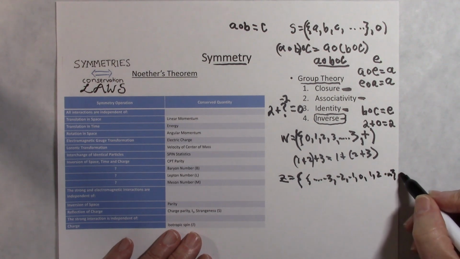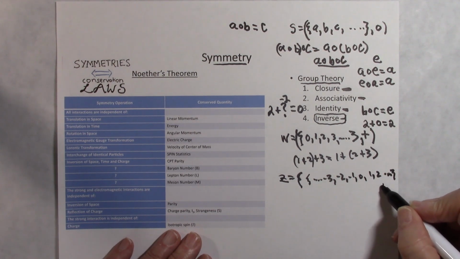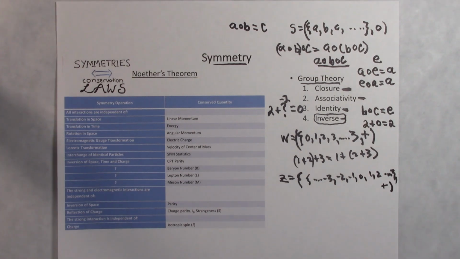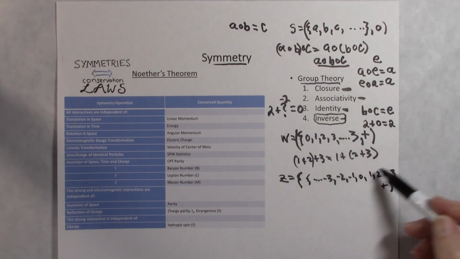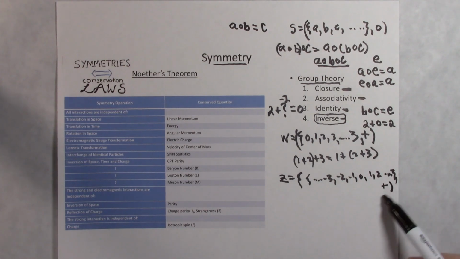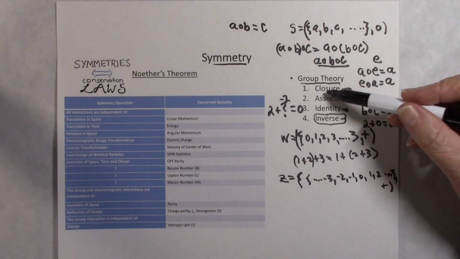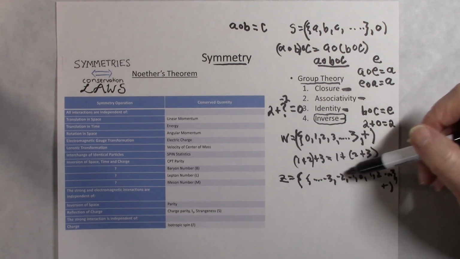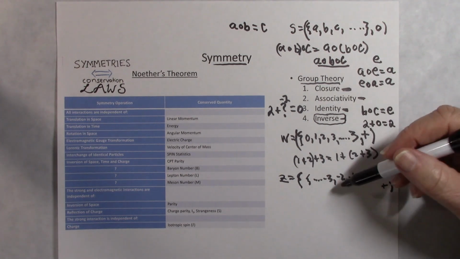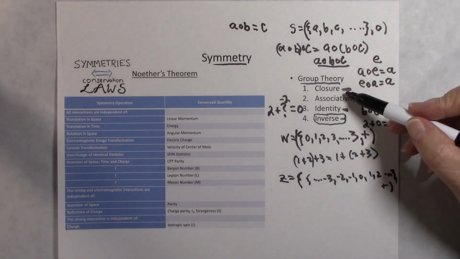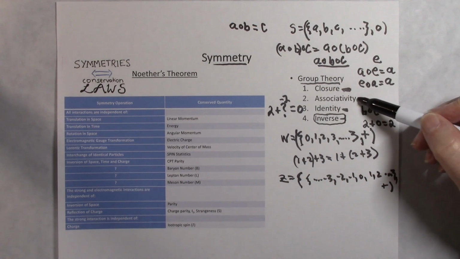I'm running out of room here. And the correspondence rule would be plus. All right, so we could ask the question, does that set with correspondence rule addition form a group? Well, it's pretty clear that closure is satisfied. If we add any two of these numbers, we're going to get another number in the set, so closure is good. Associativity is good.